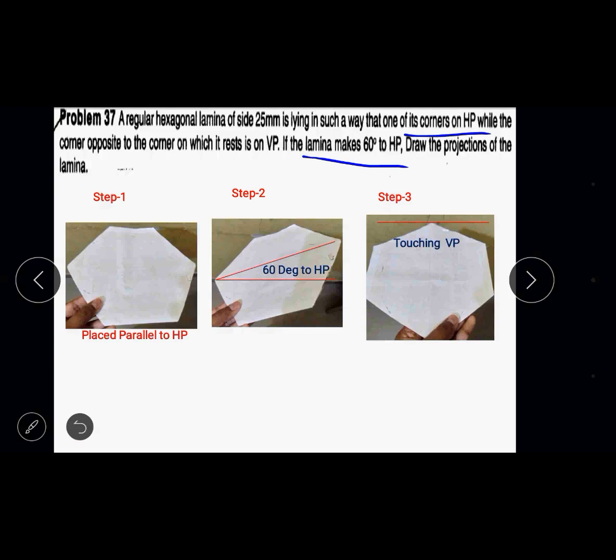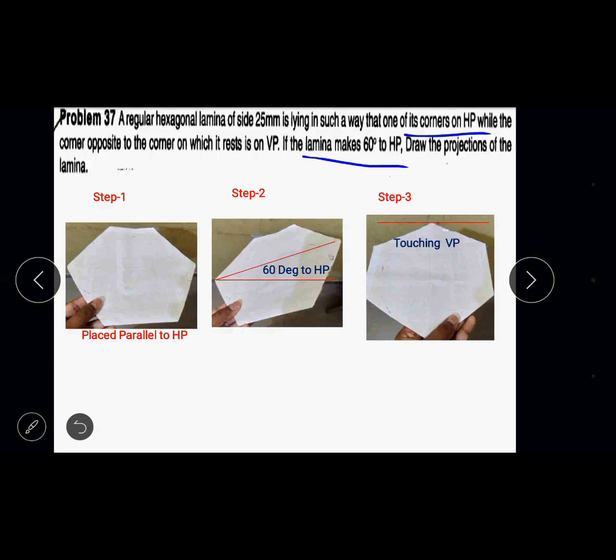The second key point: the lamina makes 60 degrees to HP. This is the key point to justify that it is an HP resting lamina, because the entire surface of the lamina makes 60 degrees to HP. If the surface inclination of the lamina is given with respect to HP, it is HP resting.